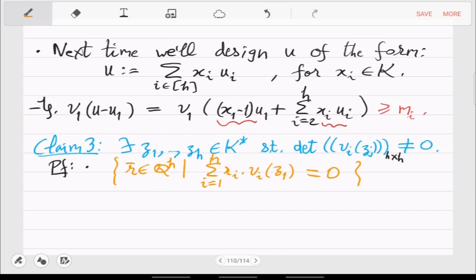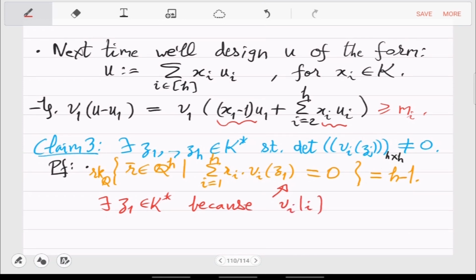Now what I want, I don't know what Z1 is, but I want a Z1 such that the rank of this solution set is 1 less. Okay, I want to claim that such a Z1 exists. This is because Vi's are independent. Do you see this?